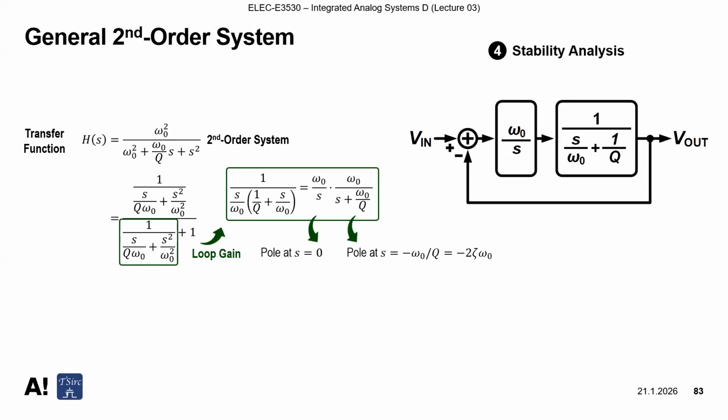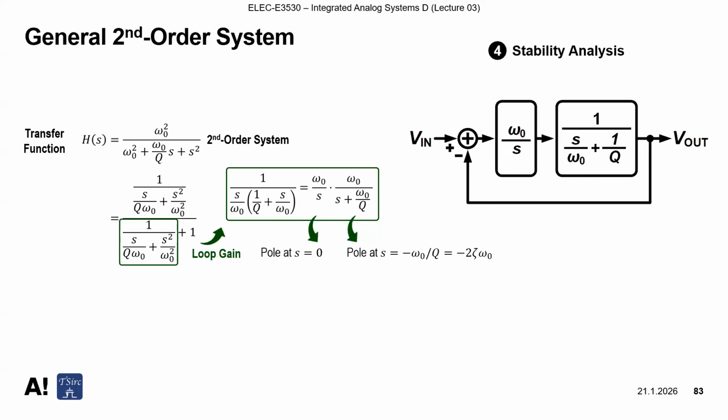So that means our first part, which is the lossless integrator, has a pole location at s equal to 0. Pole means when we take the denominator as 0, that is the condition to find the pole, right? So to make sure that happens, we can just simply take s equal to 0. So the pole is located at s equal to 0.